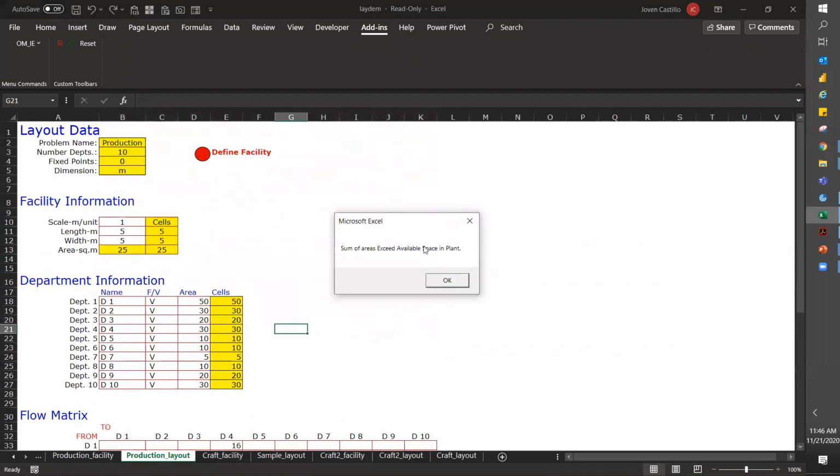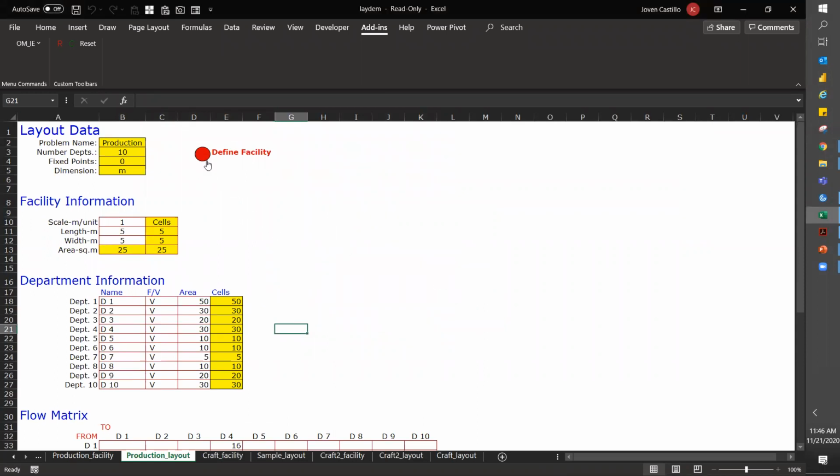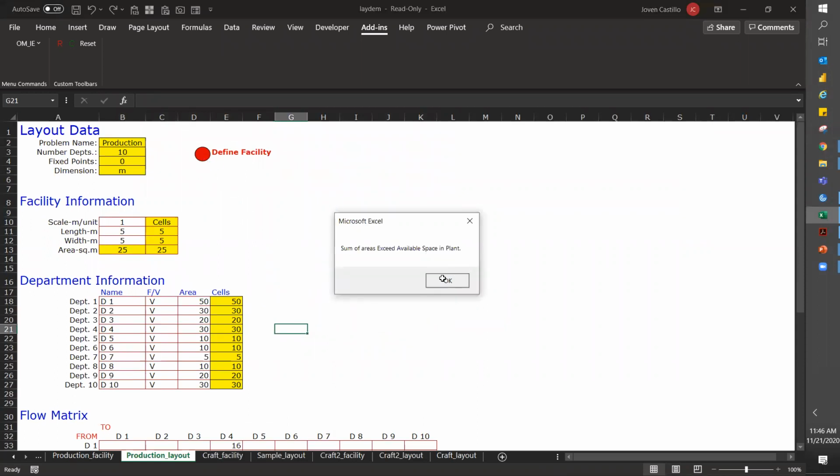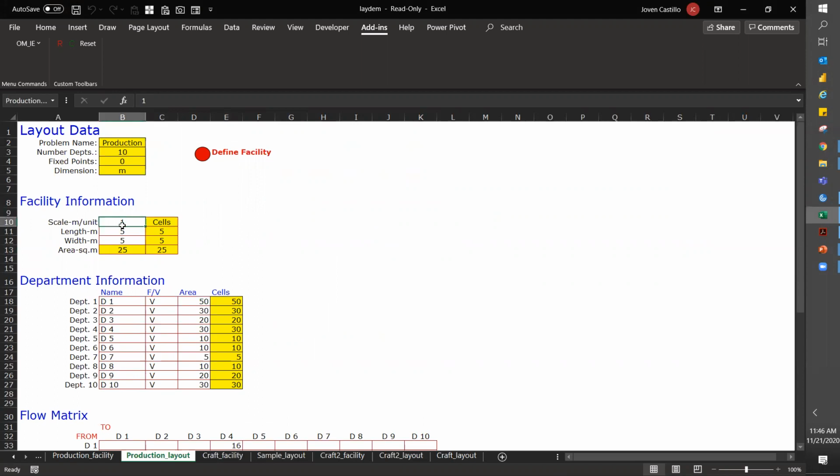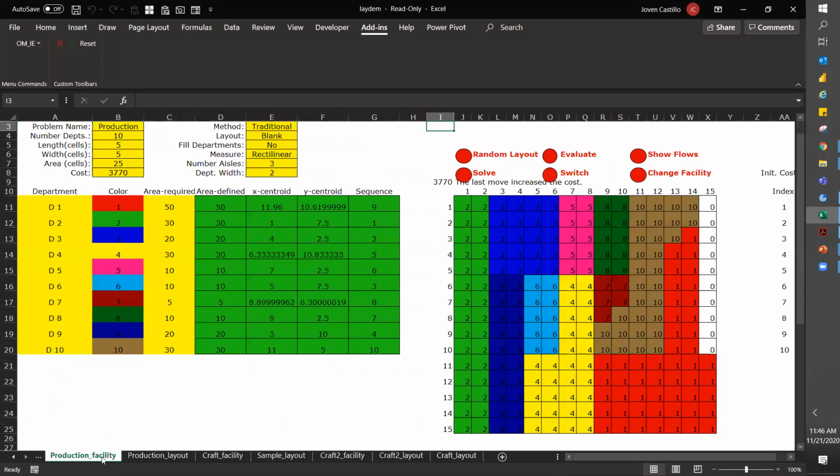After nyan, i-define natin. Let's say mag-work siya. Ganito po yung magiging itsura niya. Ayan, may initial layout.